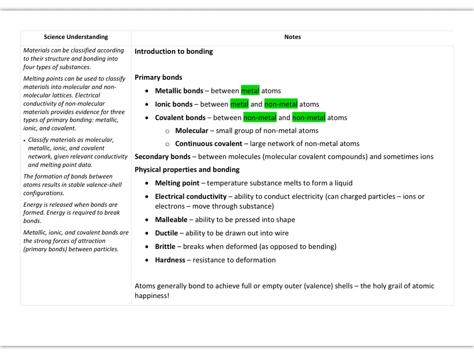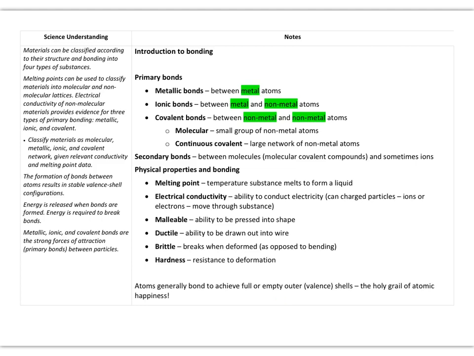Now, the whole basis of nearly all bonding is that atoms generally bond to achieve full or empty outer or valence shells. The holy grail of atomic happiness, as I like to think of it. So nearly everything we see in both metallic, ionic and covalent bonding is going to relate to atoms trying to achieve full or empty outer shells.